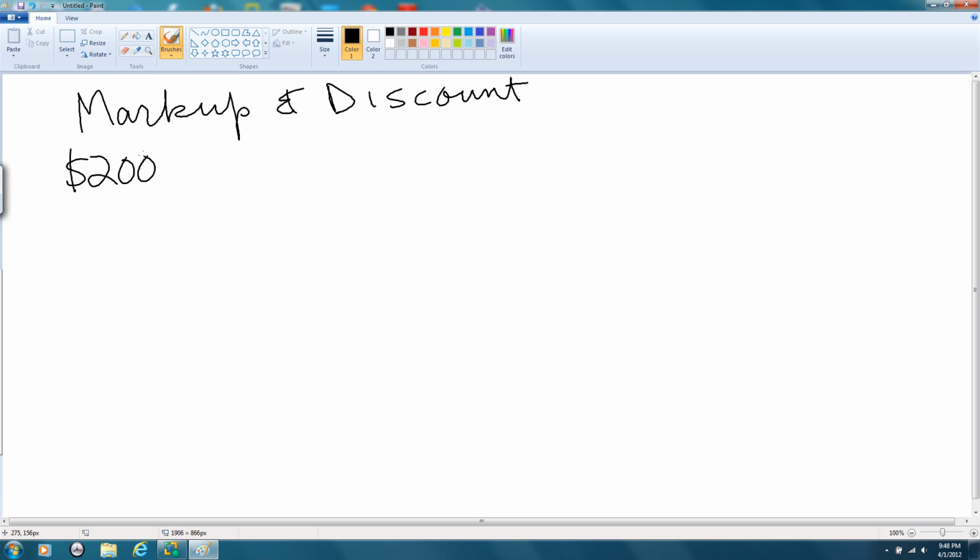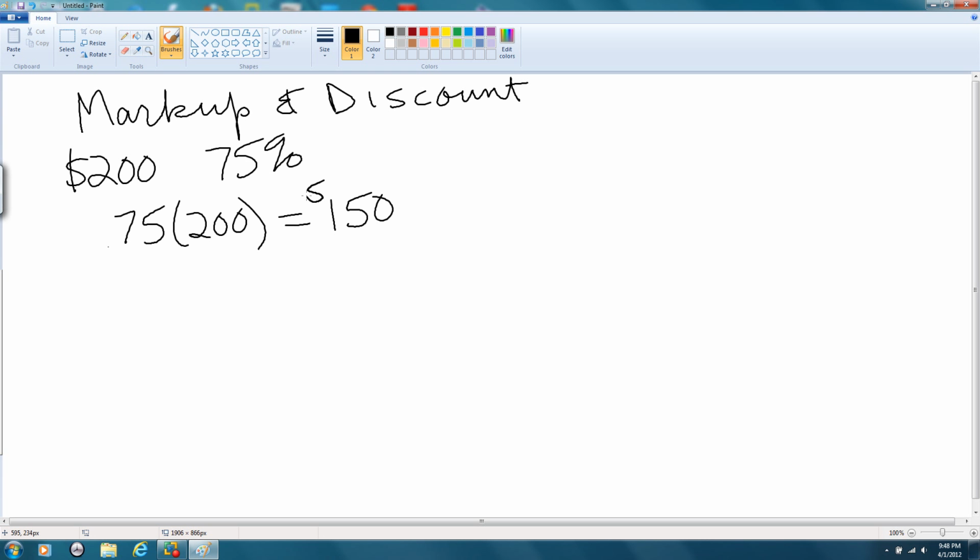And let's say my markup is 75%. What that means is the markup is 75% of 200. So I take 0.75 times $200, and if I figure that out, that's $150.